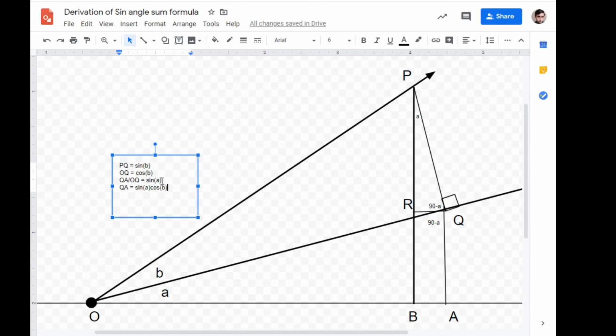And that's because OQ is the cosine of B. So this right here, this is OQ.